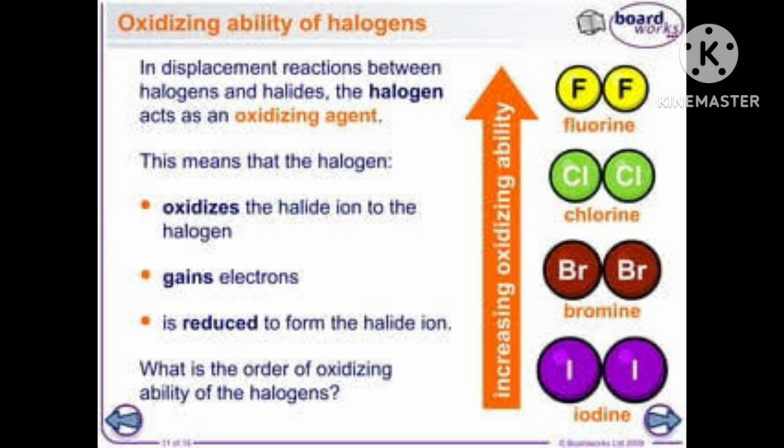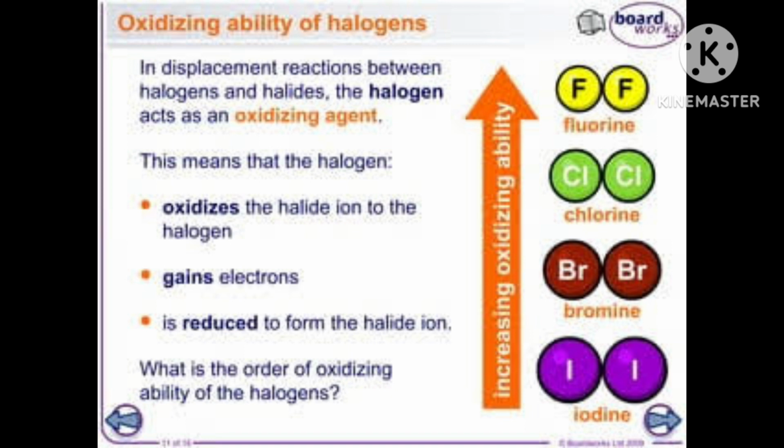The decreasing oxidizing ability of the halogens in aqueous solution down the group is evident from their standard electrode potentials, which depend on certain parameters that I will tell you now.